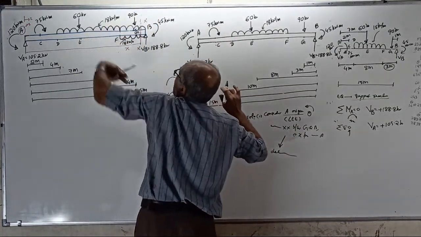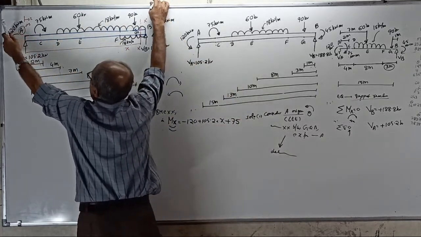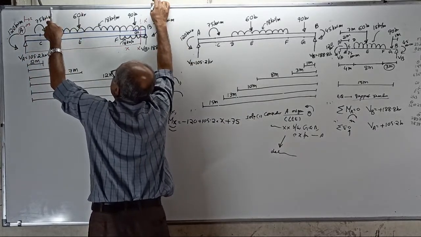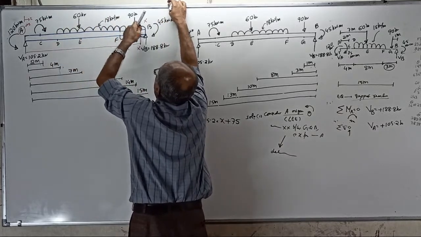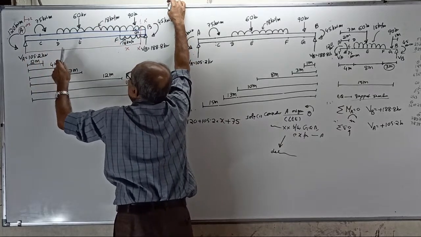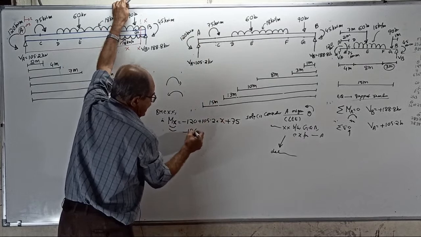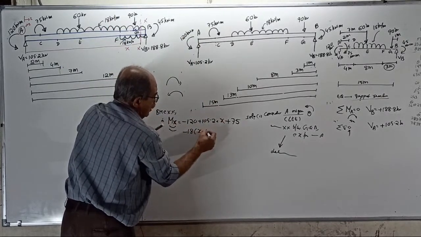Next, minus 18. See, after 120, after reaction, after couple, not 60. Before 60, the UDL starts here. 18 kN per meter for full length. How much? This is X, this is 4. 18 into X minus 4 is the total load, with a minus sign.